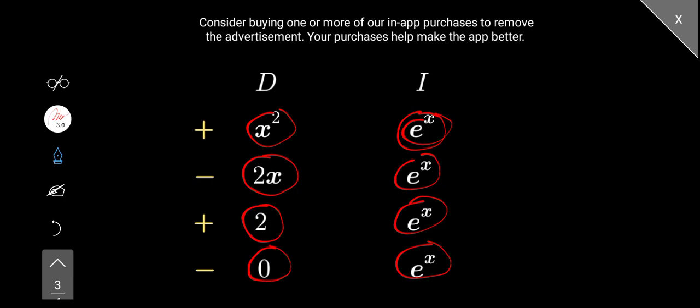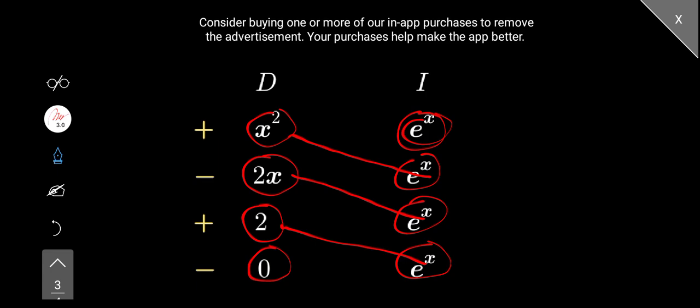Then after you have done that, you multiply the top differentiated with the second integrated, the second differentiated with the third integrated, and the third differentiated with the fourth integrated. When multiplying, you consider the signs.